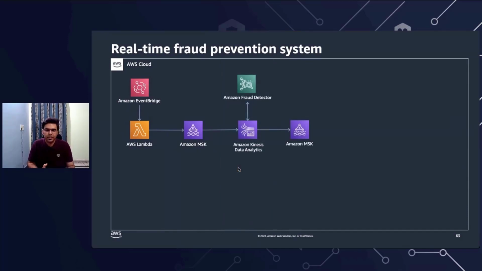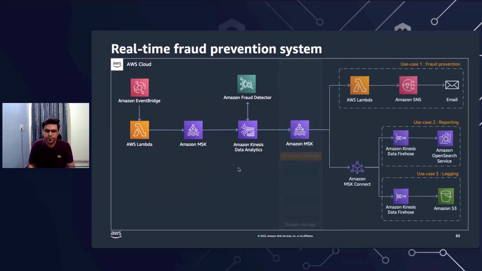Because we are segregating the raw and the processed transactions here, the destination for our sink is another topic of the Amazon MSK cluster. So this becomes our process storage location and also a stream storage type.